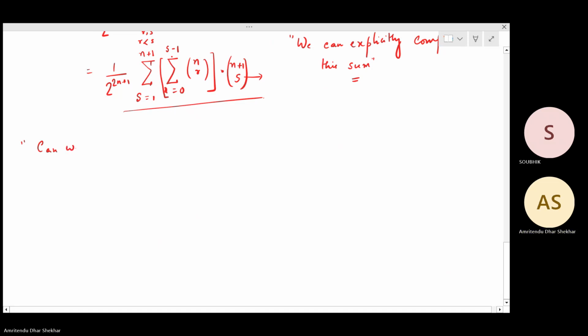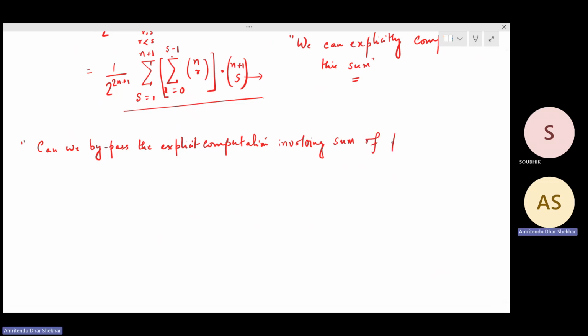Can we bypass the explicit computation involving sum of products of binomial coefficients?